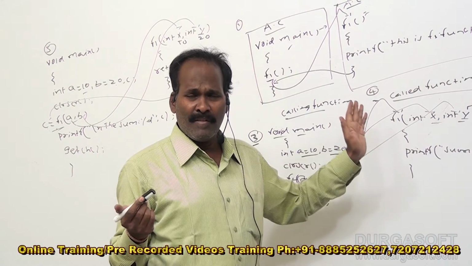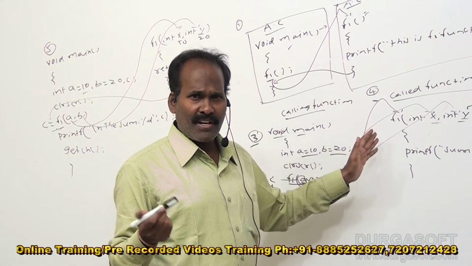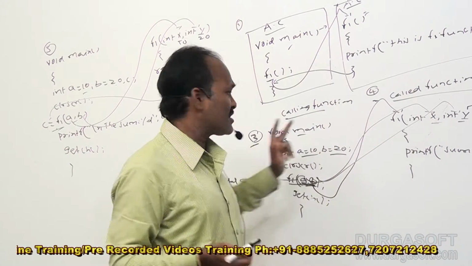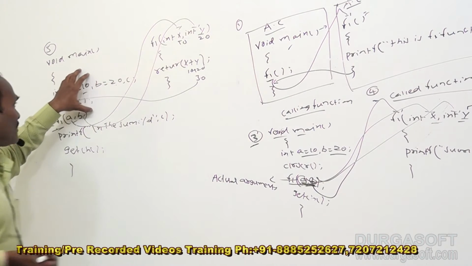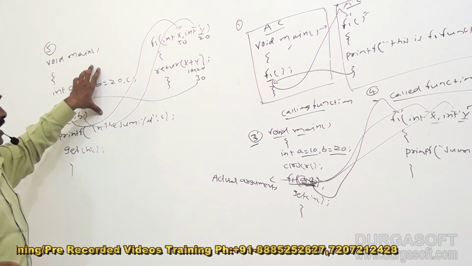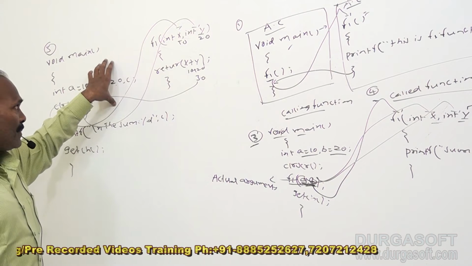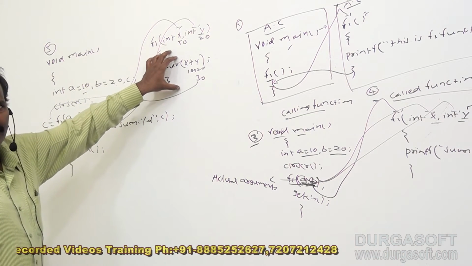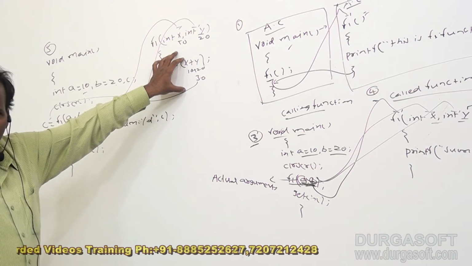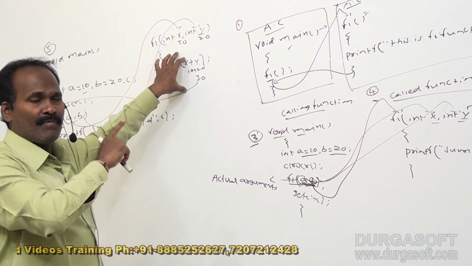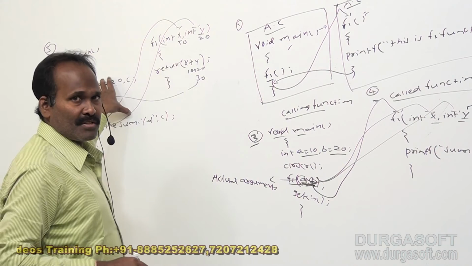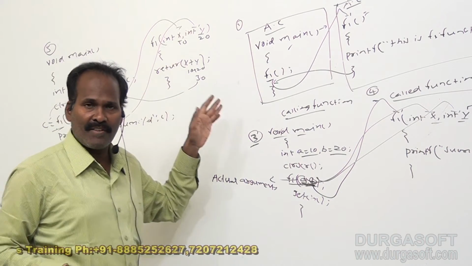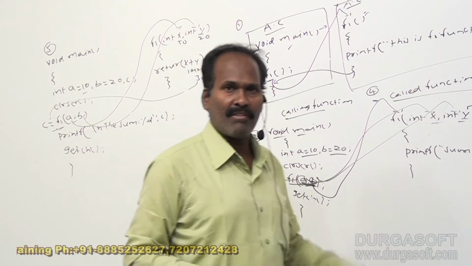Means function with arguments and without return values. Third category is what? Two-way data communication. Means the calling function passes arguments to the called function. The called function also passes the calculated value to the calling function. So the third category is what? A function with arguments and with return values.